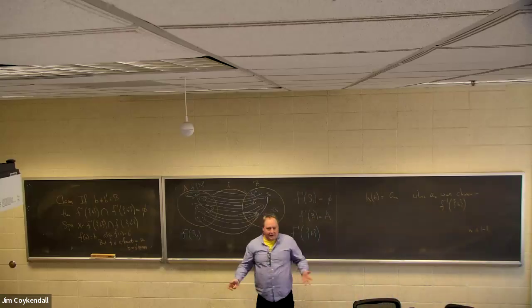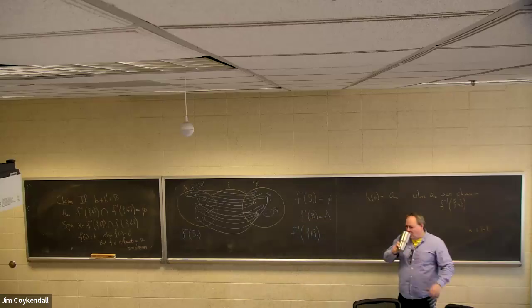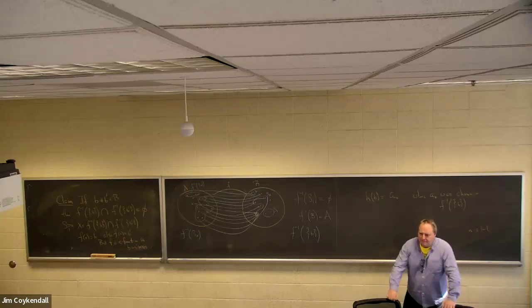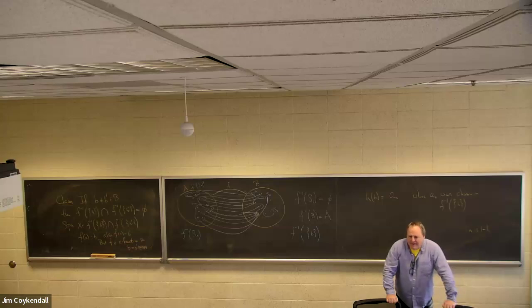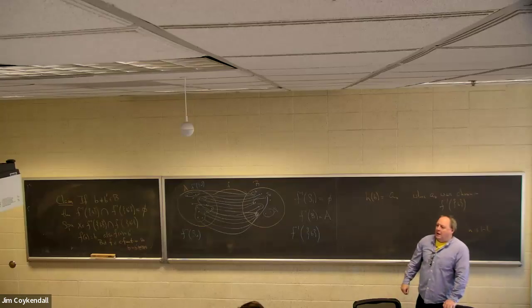Okay, so does that make sense? Yes. For the first one, since we only chose a single element of A, it didn't matter. Got it. And then for this one, since B can be infinite. Well, that's right.